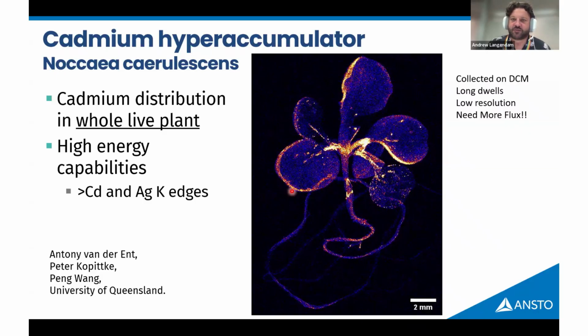This particular map was collected with 50 micron pixels, and there was about a whole second of dwell between each pixel here. You can sort of see some differences in this sample.